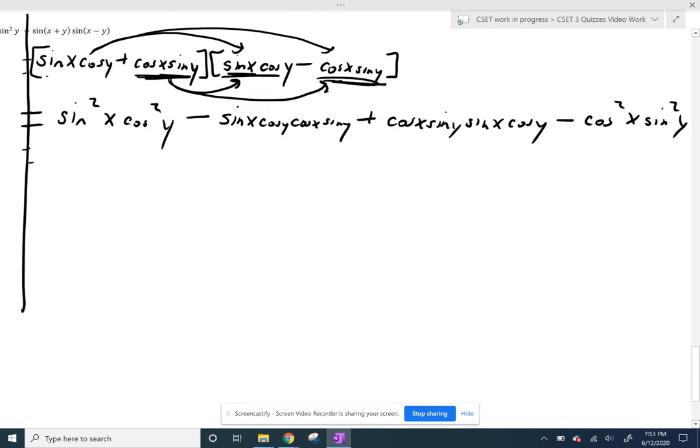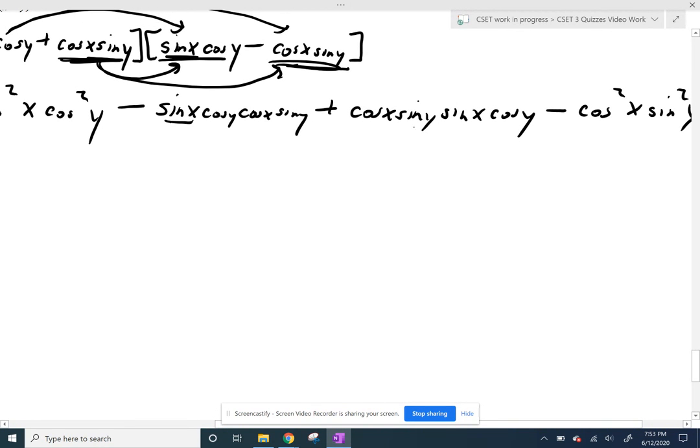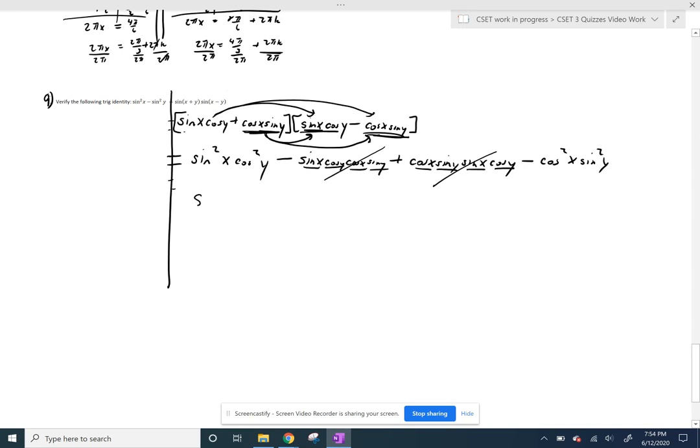And so notice these middle pieces, sine x, cosine y, cosine x, sine y, right? Because we can multiply in whatever order we want, these are the same. We have one minus, one plus, they cancel. Oh, amazing. So now I'm looking at sine squared x cosine squared y minus cosine squared x sine squared y.